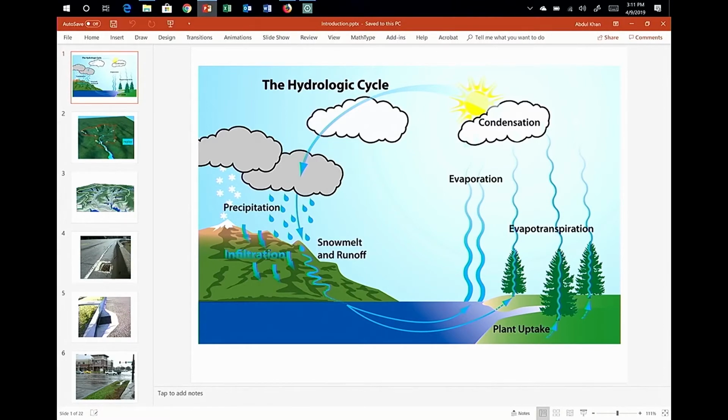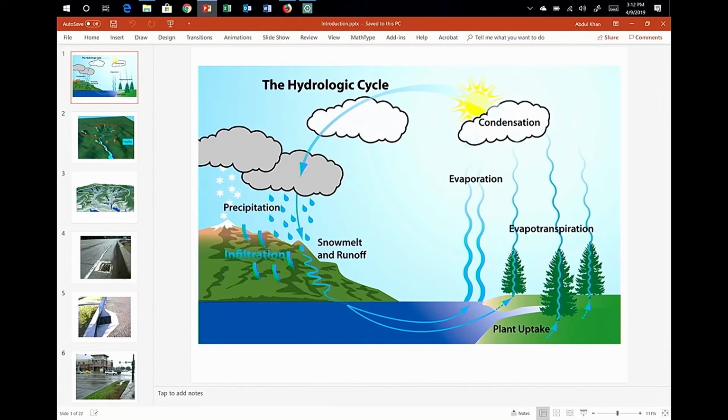And you can think of evaporation occurring from water surfaces and from rivers, from even land. When it gets saturated and the rain stops, the evaporation will occur in two ways: evaporation directly from the soil surfaces, and evaporation can occur as the plants draw water from the soil and evaporate it, and that's called evapotranspiration.